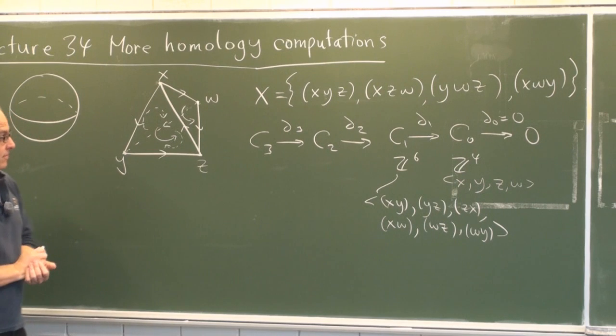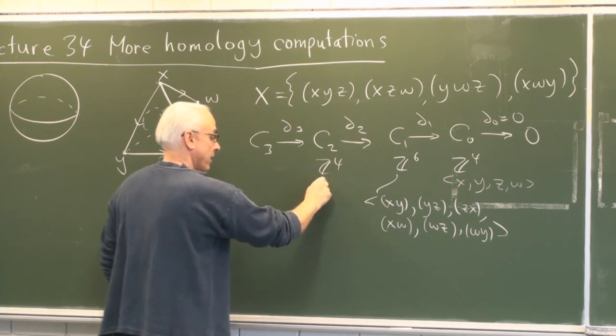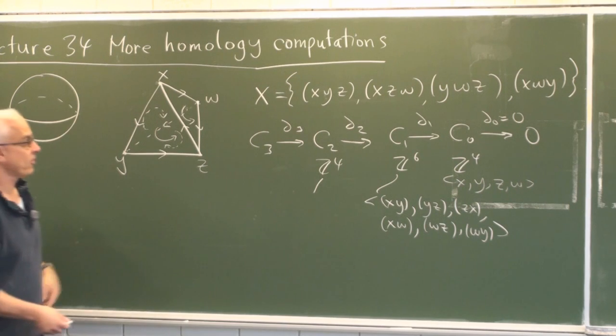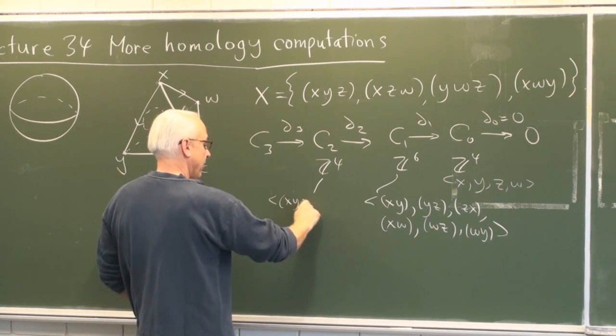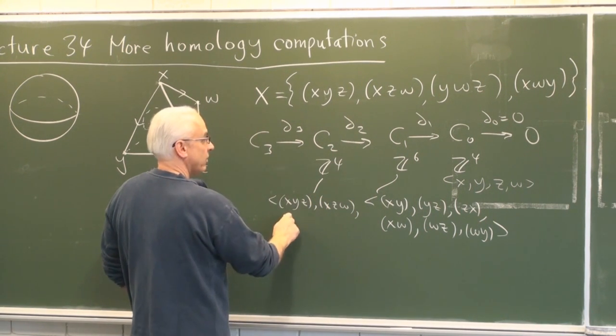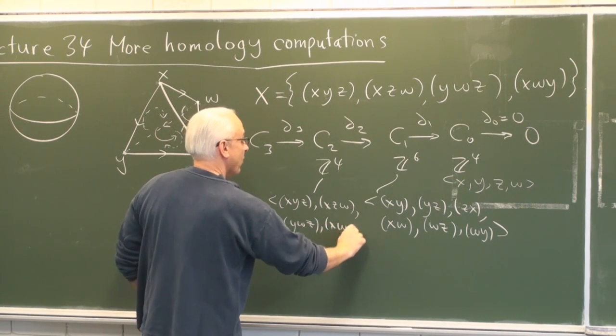Two-dimensional cells, 2-simplices, are the faces. There's four of them, so this is going to be another Z^4. And this is spanned by the four faces, which are the ones that we're really starting with: XYZ, XZW, YWZ, and XWY.